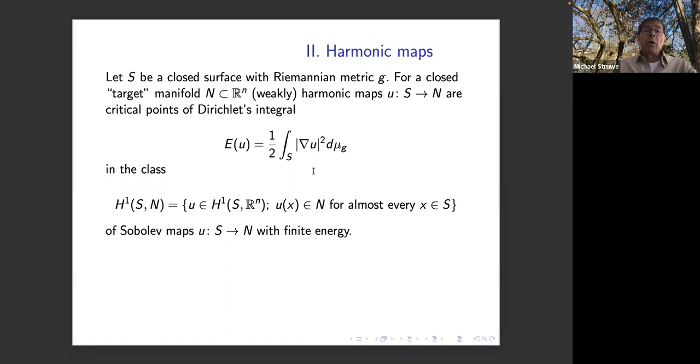So harmonic maps are critical points of this Dirichlet energy in the class of Sobolev functions H^1(S, N), which is just the class of functions U with finite Dirichlet energy mapping S into R^n such that pointwise the target constraint is satisfied almost everywhere.